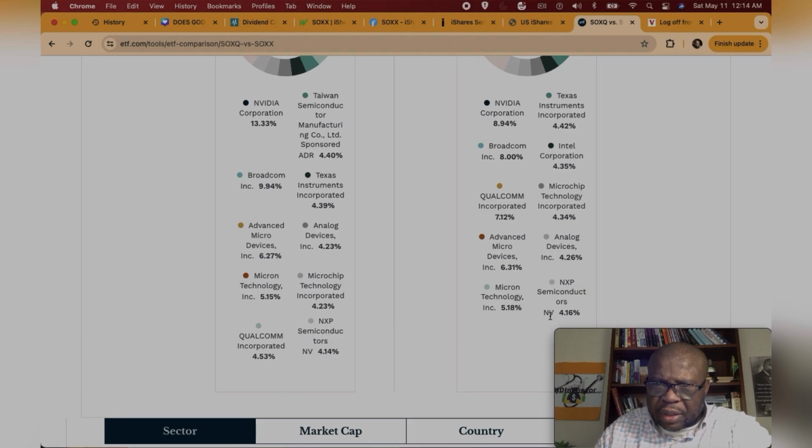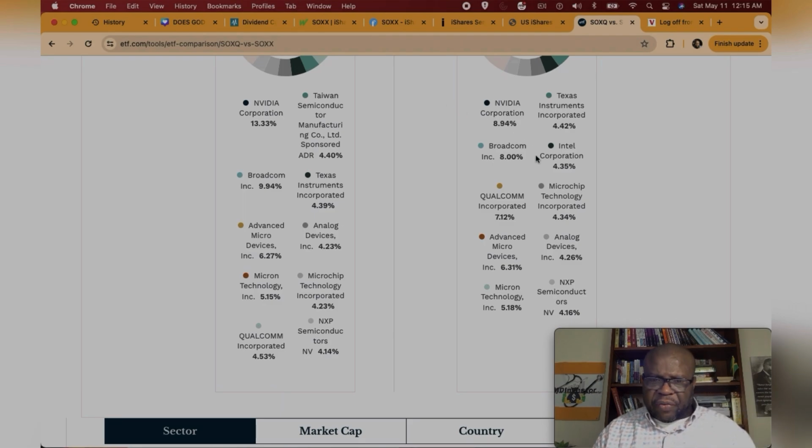So really, the only thing that I don't see in the top 10 in SOX is Taiwan Semiconductor. Taiwan Semiconductor is in SOXQ, and SOX has Intel.